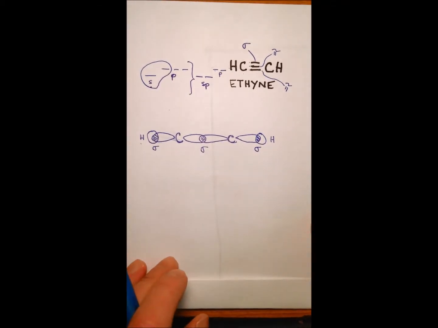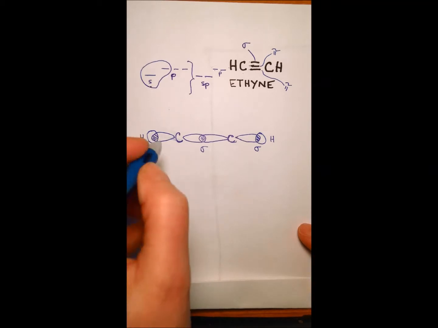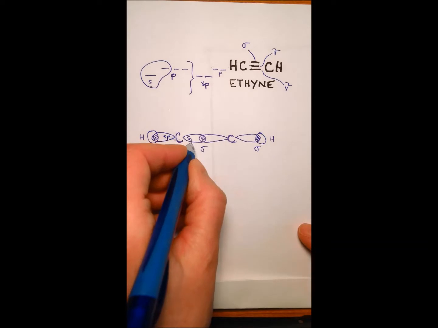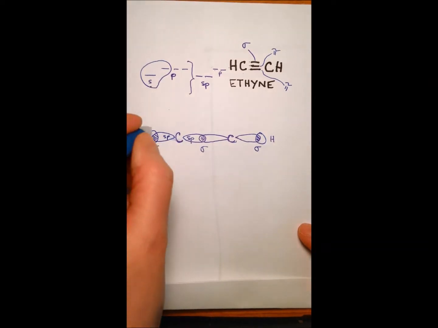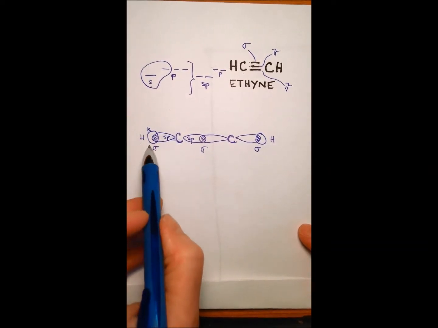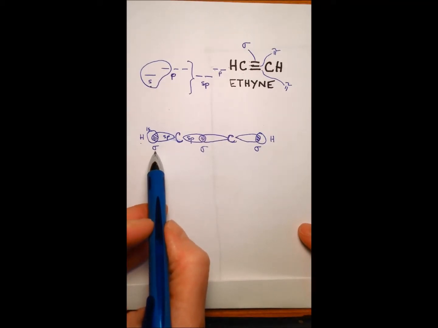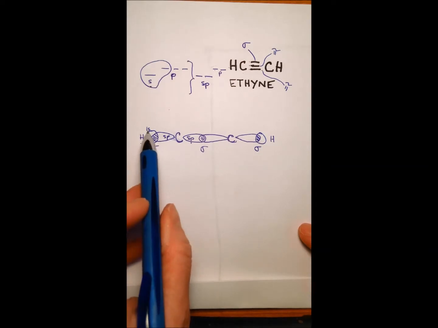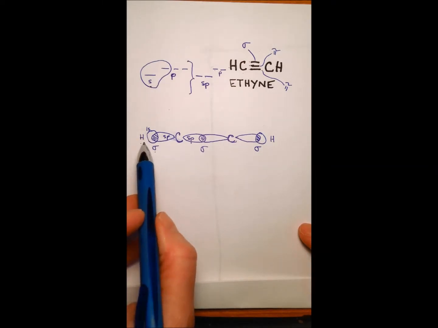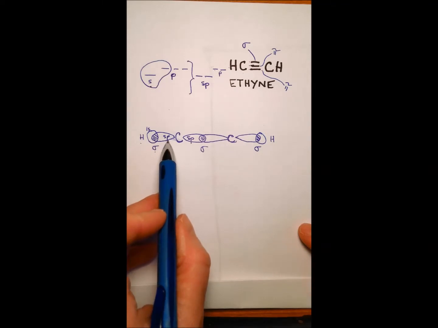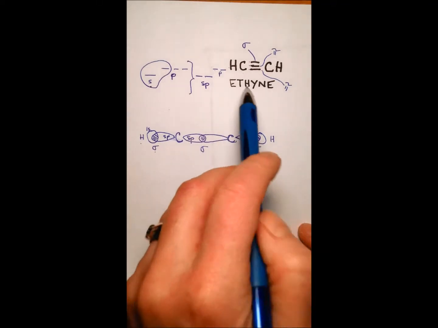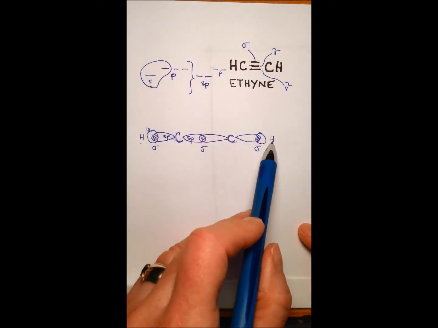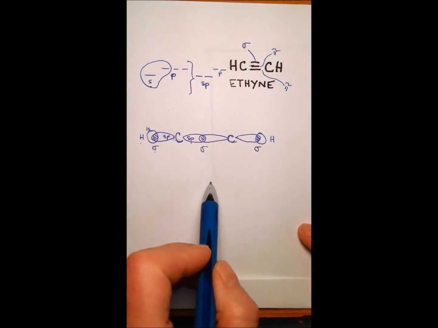So there's a sigma there. So this is an sp on that carbon. This is the other sp on that carbon. And this is the 1s on this hydrogen. So I can see that this sigma bond is a direct overlap, so head-on, between the 1s orbital on the hydrogen and the sp hybrid orbital on the carbon. Okay, so it's this guy right here. And the same thing on that side of the molecule, it's symmetrical.